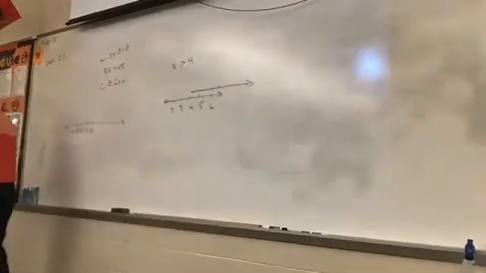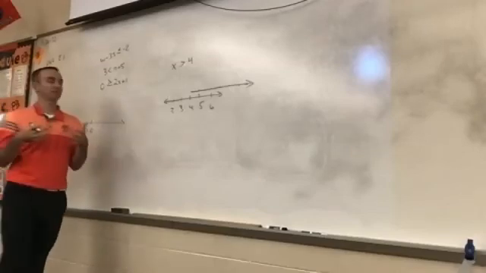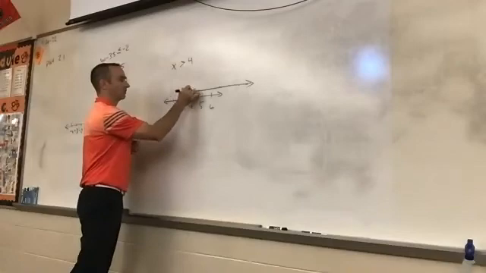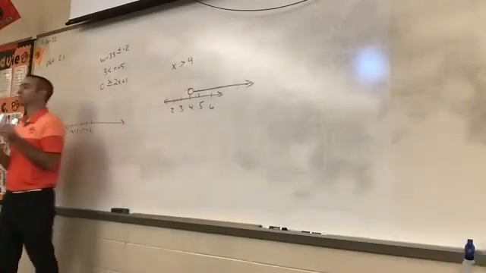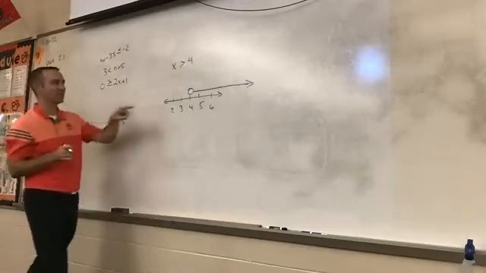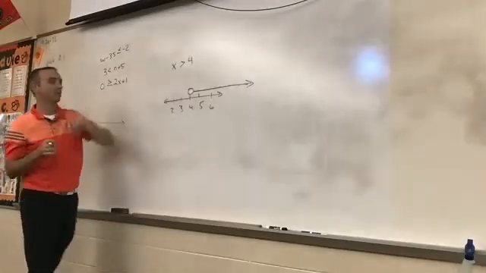Is the number 4 a solution? No. What are we going to do to represent the fact that 4 is not a solution, but everything above it is? How do we represent that, Tyler? An open circle. That open circle tells us 4 is not a solution, but everything greater than that is.